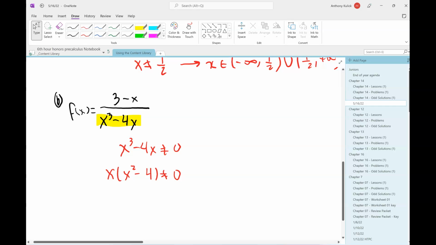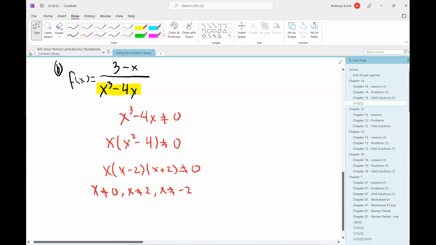Okay, then what do you see? Difference of 2 squares, so we can factor some more. And then you can use the zero product property. And we get 3 solutions, right? Everybody's cool with that? So write this in proper interval notation.